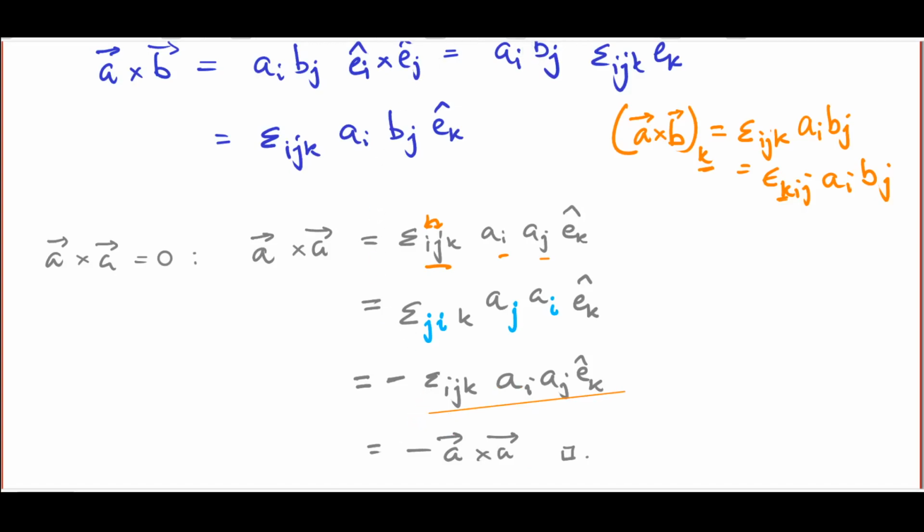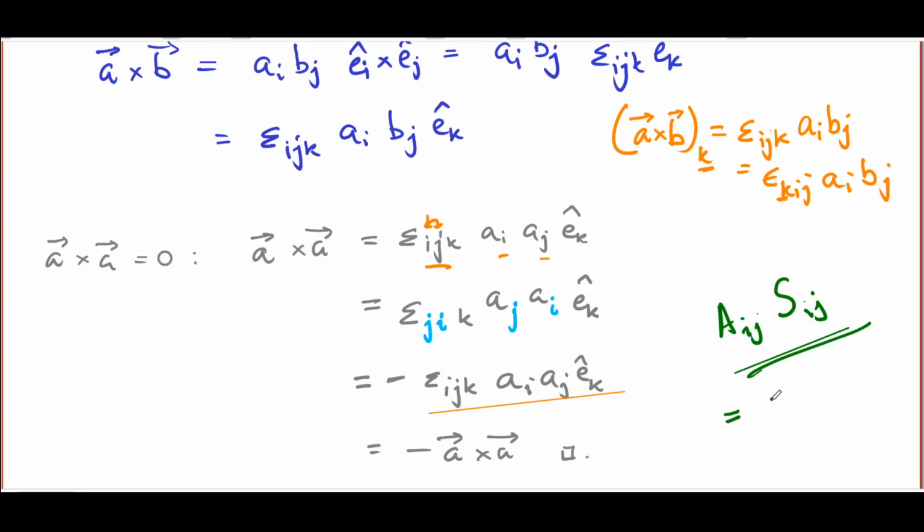Note that this is a special example of something that we will use very often. If you had an anti-symmetric symbol, say a_ij, which changes sign when i and j are interchanged, and a symmetric quantity s_ij, which stays the same when i and j are interchanged. And if you had formed this sum of products, a_ij s_ij, of course has 9 terms, where i runs from 1 to 3 and j runs from 1 to 3, and they're all added up together.